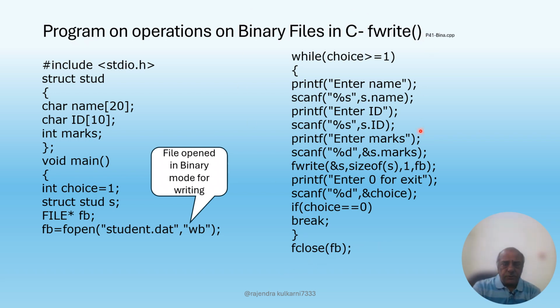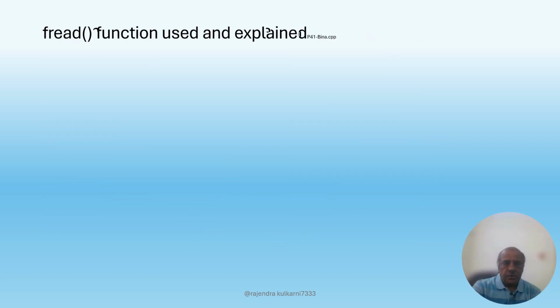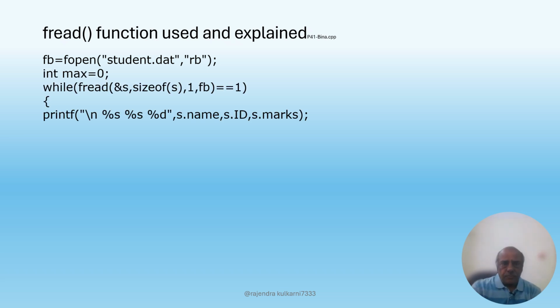So what we are actually doing here is writing the data in the form of records named s in our file which has been opened for writing in binary mode. Then we use the fread function to access the data which we have stored in the binary file named student.dat.